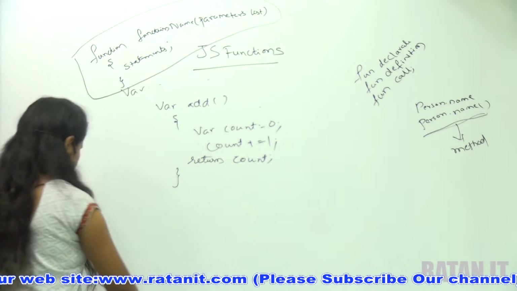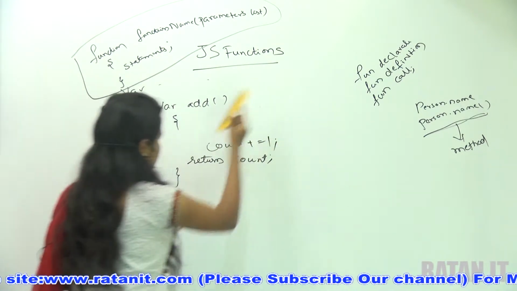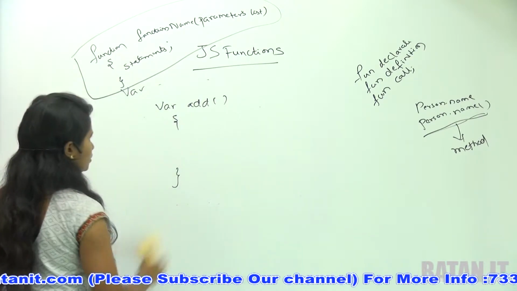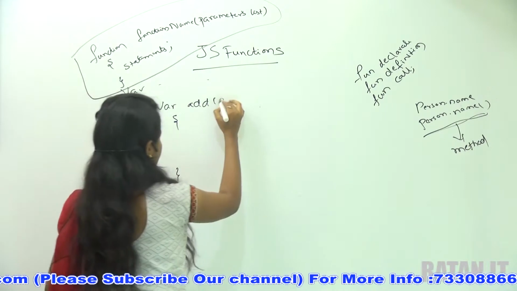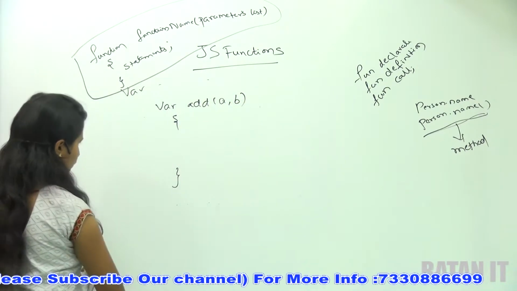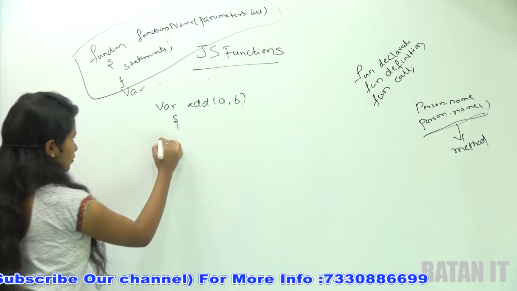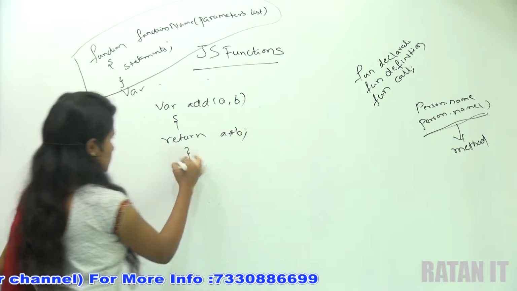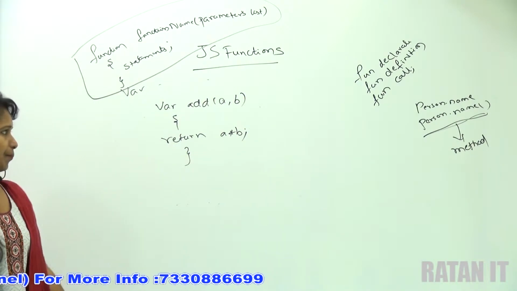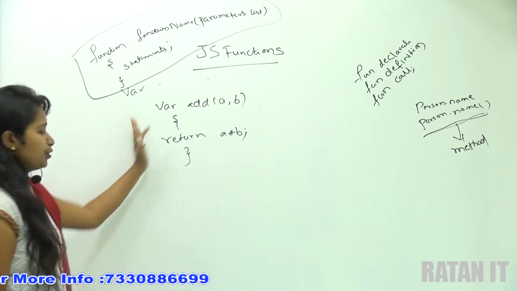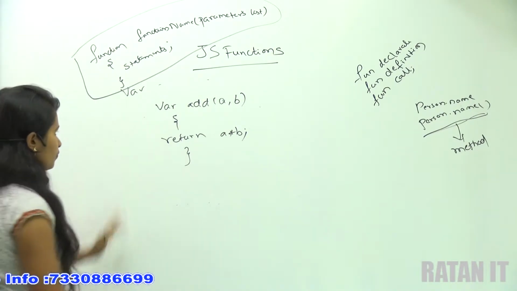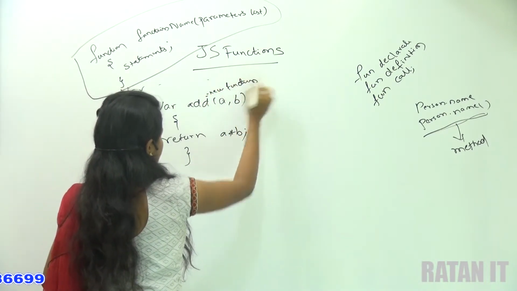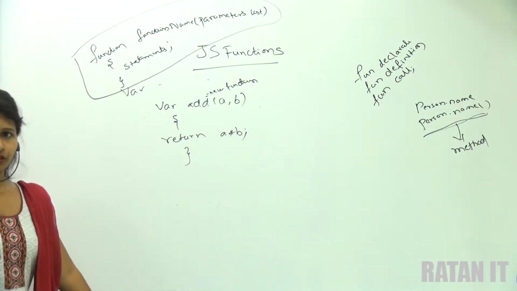Okay, this var count equal to 0. I am going to take a simple program, not this clumsy. Take a comma b and here return a into b. So if I want to create this as a function, new Function of a comma b.